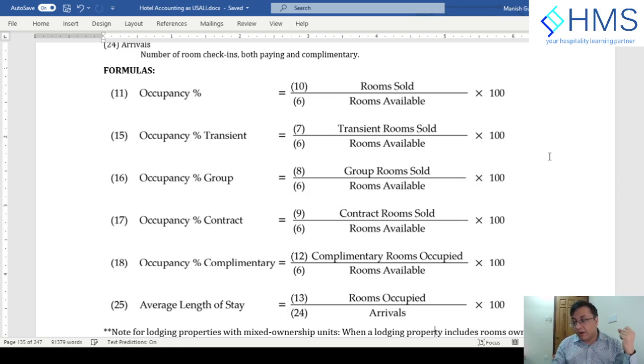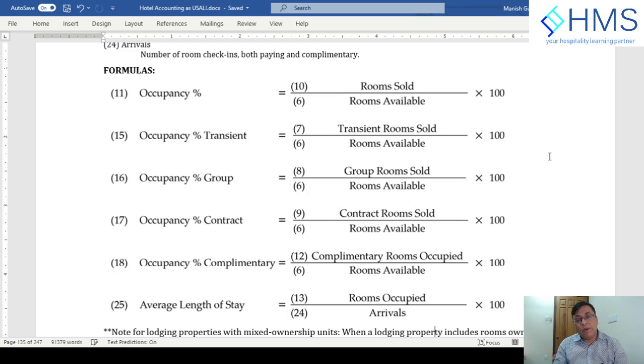Those rooms are not included in the rooms available calculation here. So month on month, you need to tell the users how many rooms were available, how many rooms were sold, what was the occupancy percentage, what was the ADR, which we're going to see next, and what was the RevPAR, which we're going to see next.